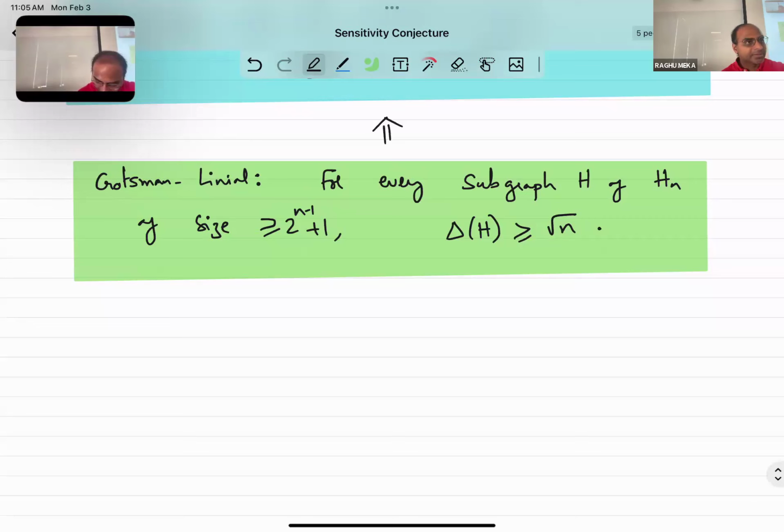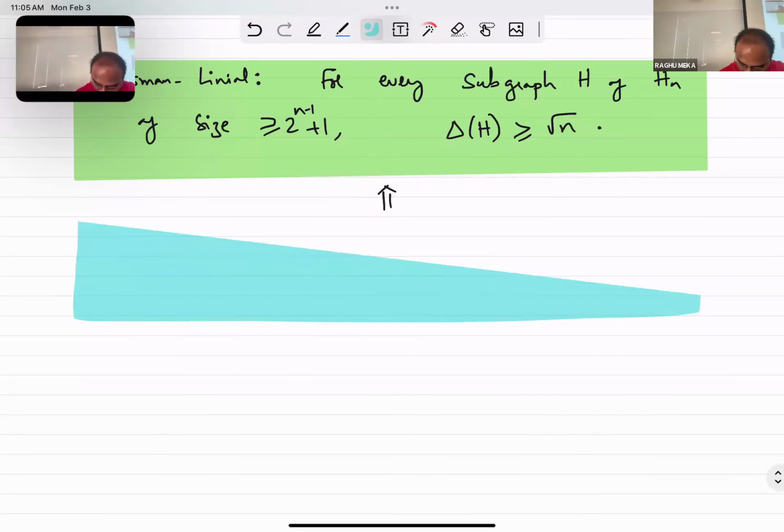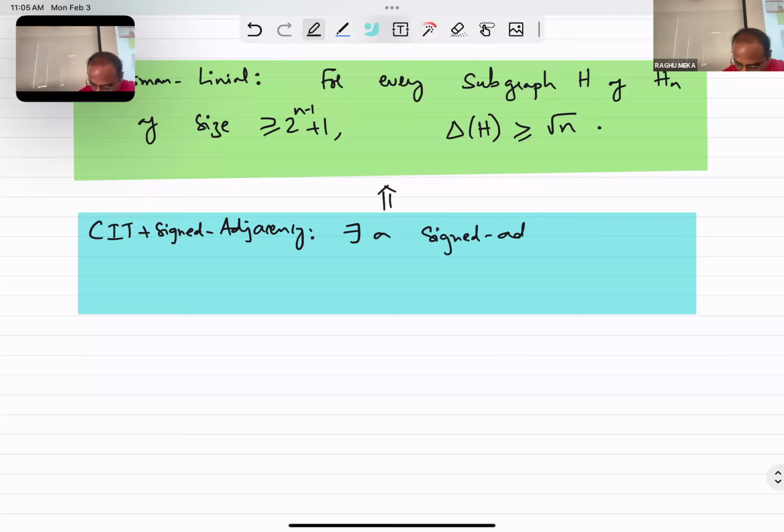And this implied this. Okay. And then to do this, we said Cauchy's interlacing theorem plus signed adjacency. There exists a matrix Bn. There exists a signed adjacency matrix.